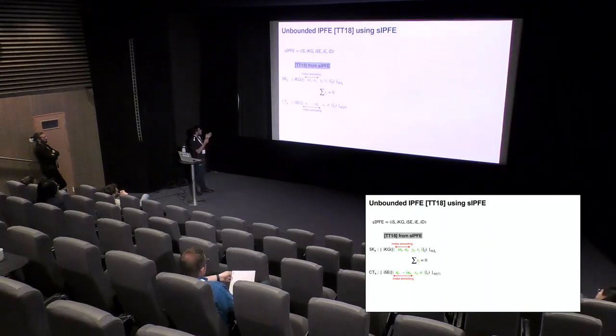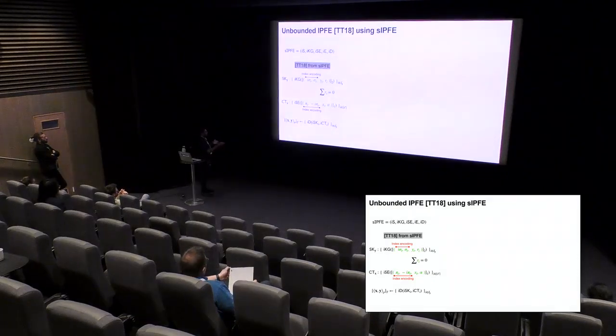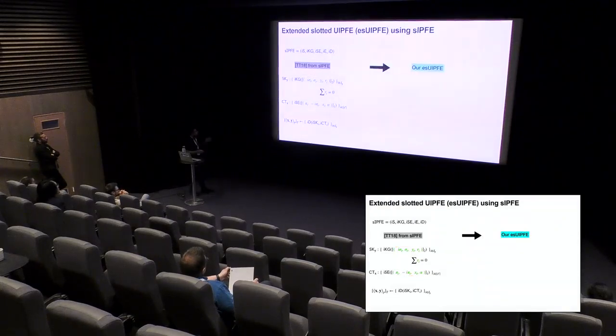We use the same strategy to encode the message x into the ciphertext, and in decryption, if the permissive relation is satisfied, that means the index set of the y vector is a subset of the index set of the x vector, then it outputs the inner product. So now we use this technique to construct our extended slotted unbounded IPFEs.